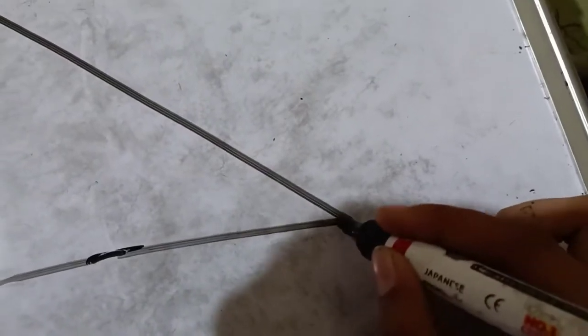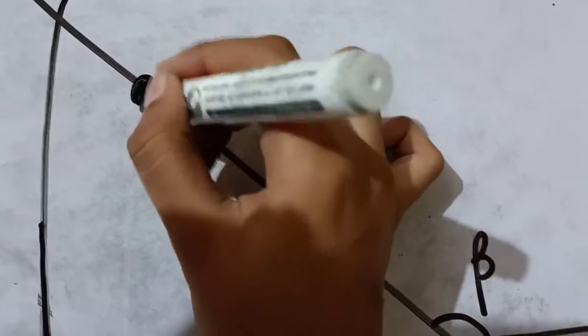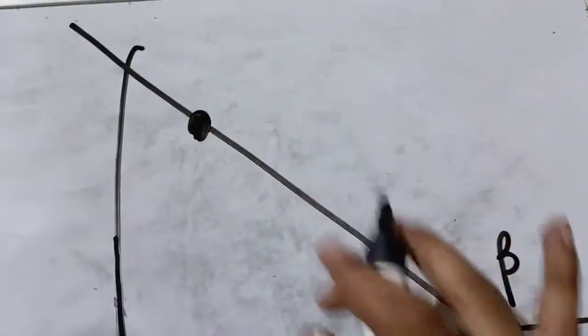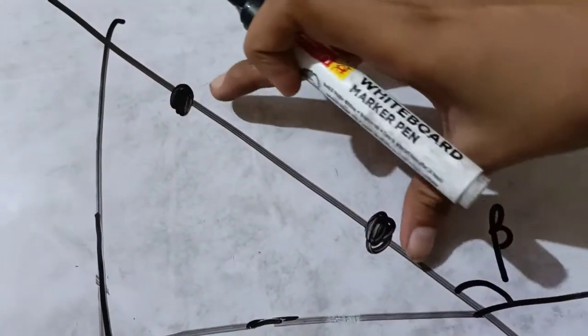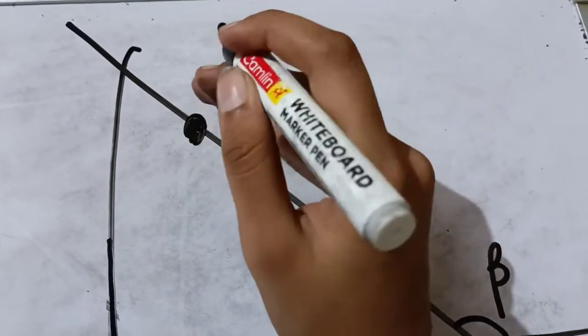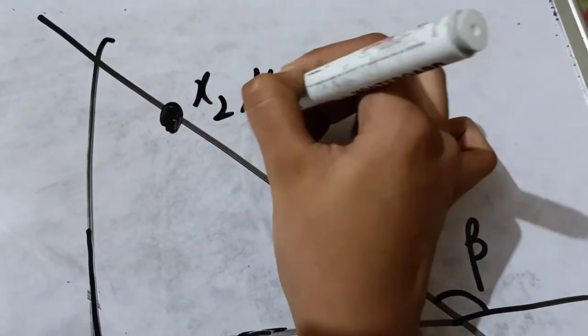So this is our angle which I am taking as beta. Now what you need to observe is, let's suppose this is our point and this is our point, of which we need to find the slope. As you know that it is the higher point, I am referring to it as the point x2, y2.